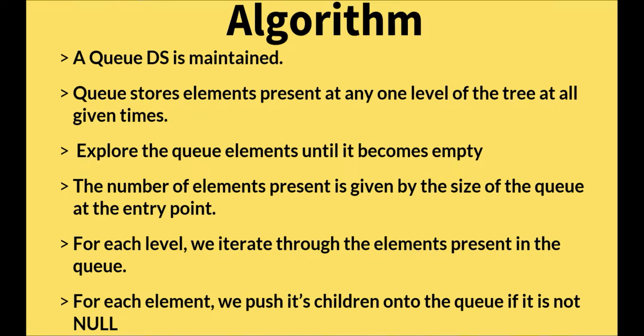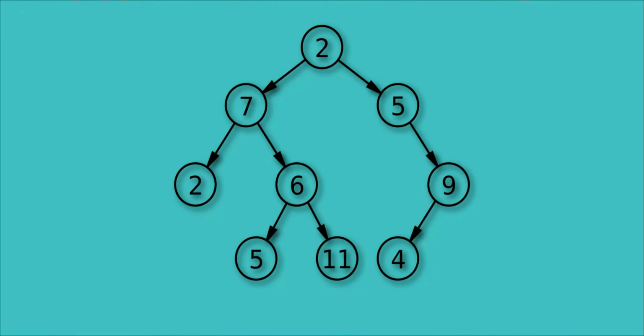So now what does our queue contain? Our queue will contain the elements of one level of the binary tree at any given point in time. So to take an example, at the first point we'll be initializing our queue with the root element of the binary tree. So it would contain only level 1 elements.